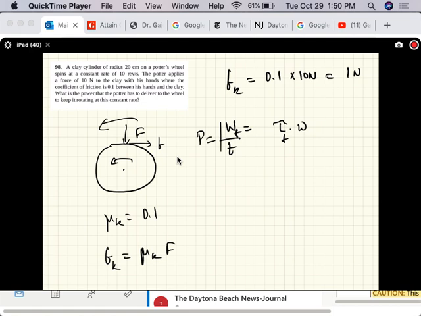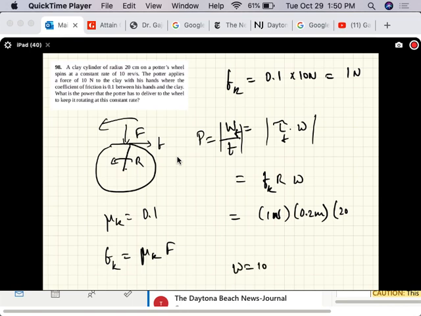So friction force times the moment arm. You need a cylinder of radius 20 centimeters times omega. So 1 Newton, the radius is 0.2 meters, and omega is 10 revolutions per second, which is 20 pi radians per second.